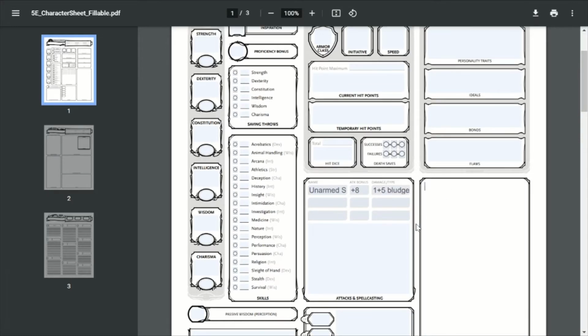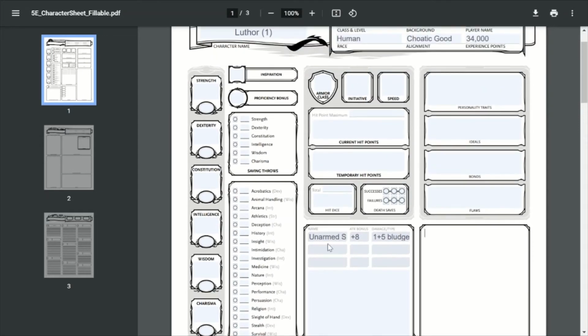But it says Unarmed Strike plus 8, 1 plus 5 bludgeoning damage. For strength, he has 20 strength, which is the max that you can have, and then, well, actually, you can do it however you want. I like to do it like that. So that is how I'm going to do it.